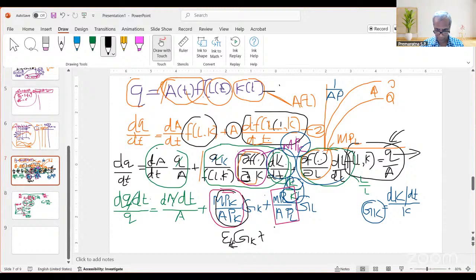Next one, the labor elasticity and the labor growth. Capital stock growth, the labor, and the elasticity.